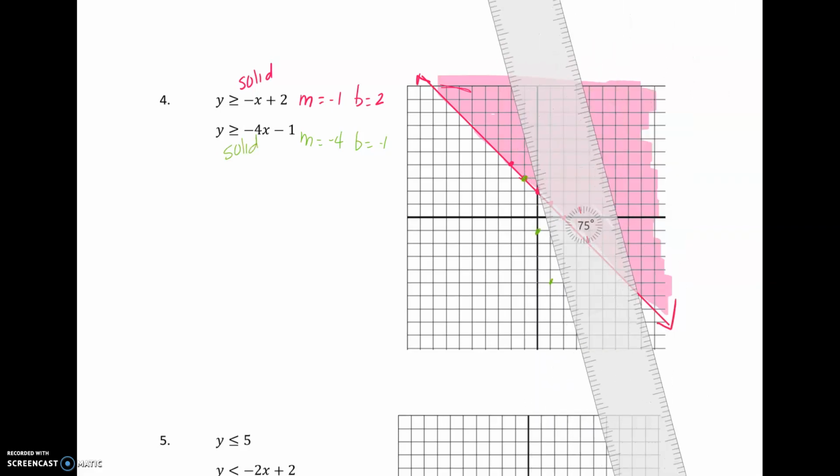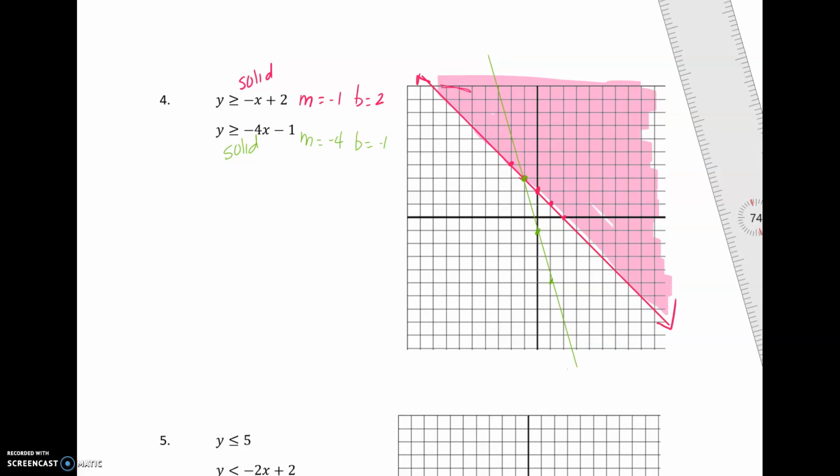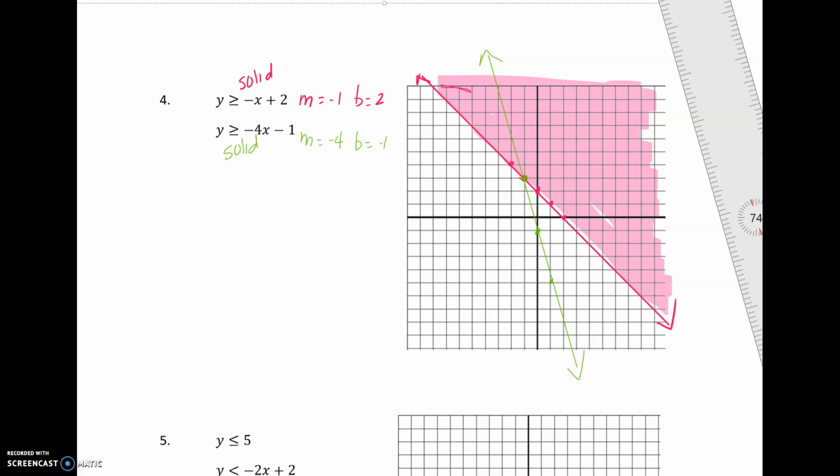Okay, let's go ahead and turn this. Looks pretty good. And we make our line. And this is saying everything greater. So everything greater is going to be where my y coordinates get bigger. And my y coordinates get bigger as I'm going up.